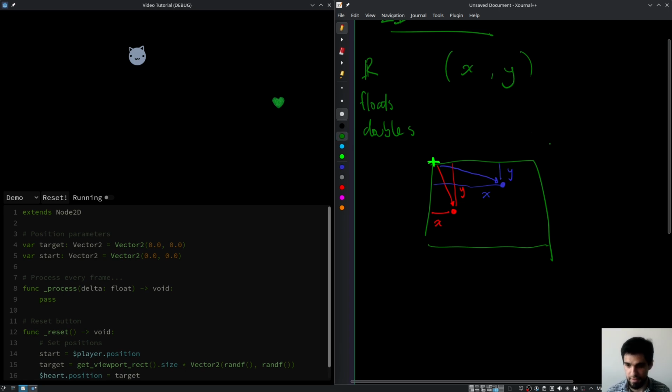We'll be using the following, where this is x positive and this is y positive. This is because in computer graphics we usually think of the top left corner as our 0, 0 point, because it's a bit like a screen. A screen is a bit like a page, and you start writing the page from the top to the bottom instead of from bottom to top.